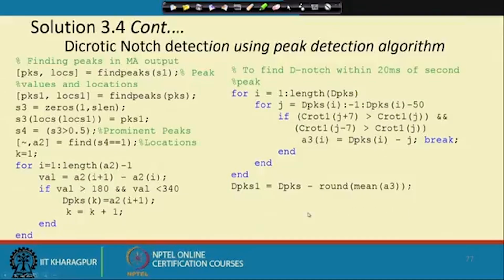Now, after finding out the second peak, we are going into the carotid pulse signal.